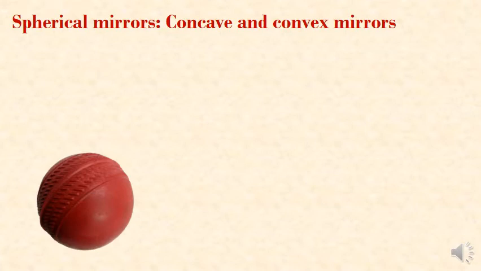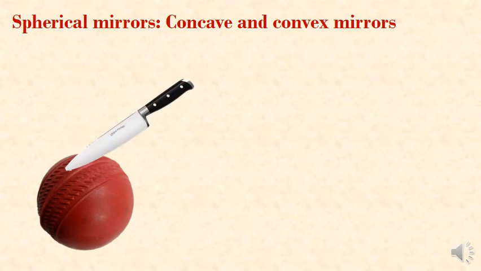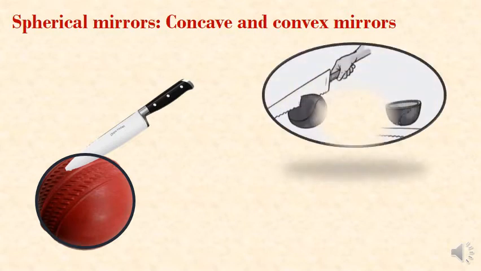Okay, so let us assume this rubber ball. Now we are going to cut it exactly at the center. If we assume this, it is kind of a circle, and after cutting that we will see in this image that one portion looks like it is going in, and if you see the other portion it is coming out, and the plain side looks like a circle.